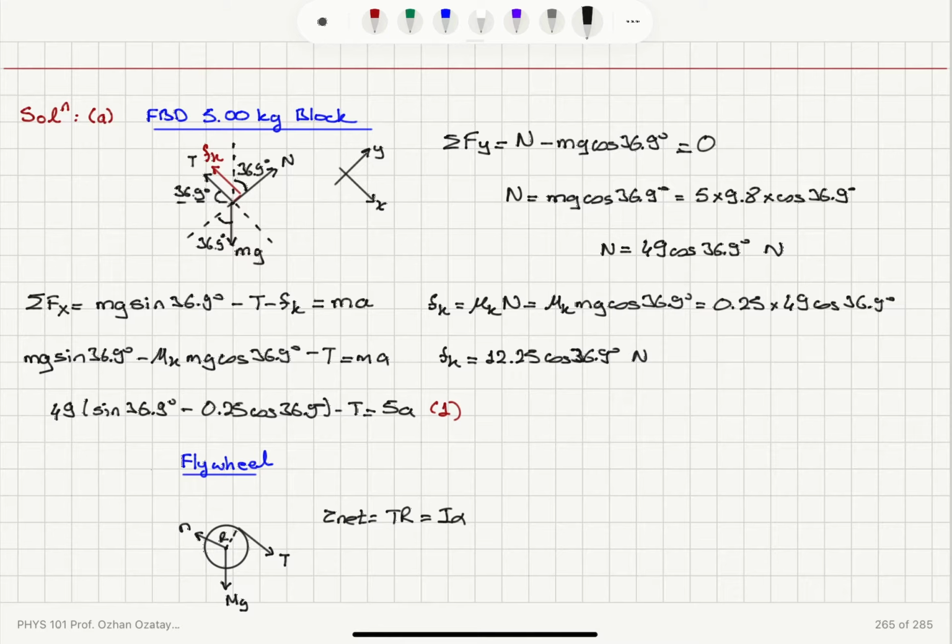Okay, so if we multiply this equation with r, tr squared equals I alpha r, we know that alpha times r is linear acceleration a, and we find that the tension can be written as the moment of inertia times acceleration a divided by radius r squared.